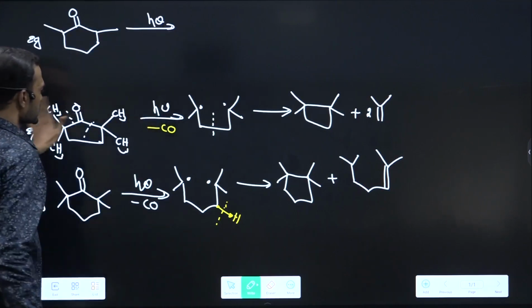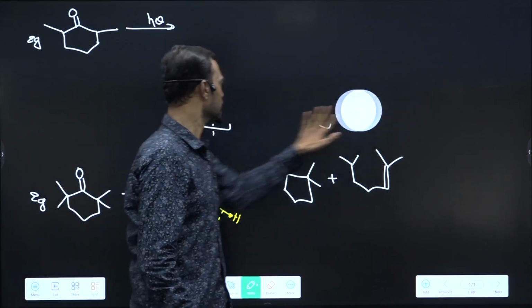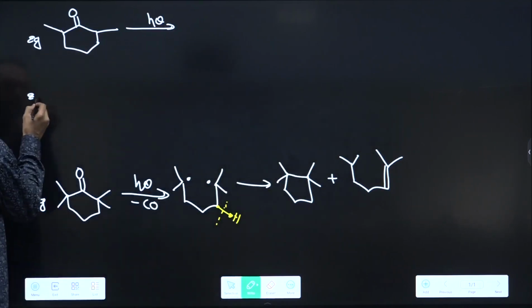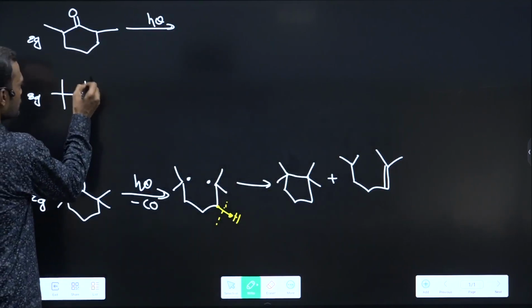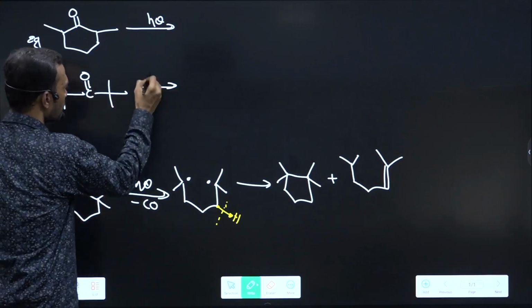Photochemically, what is the answer? This is tertiary butyl and here also tertiary butyl.